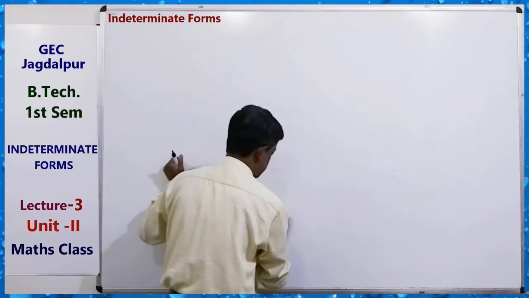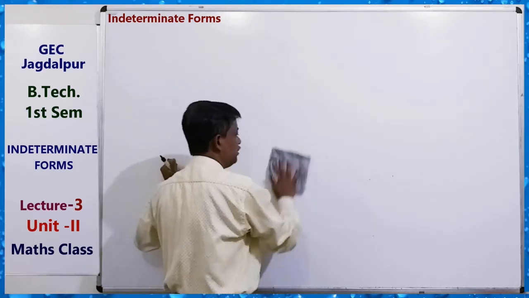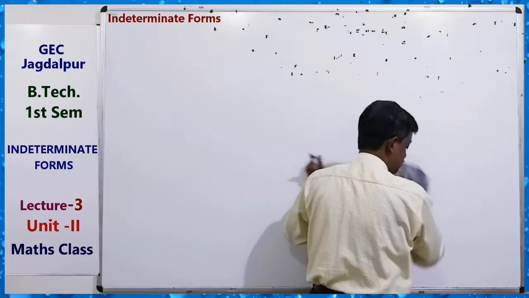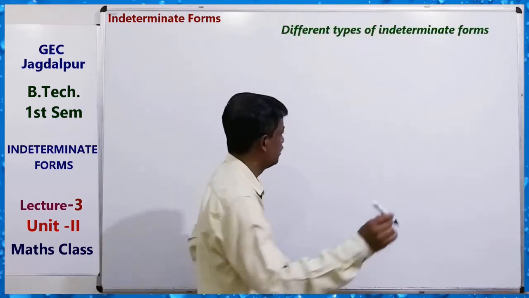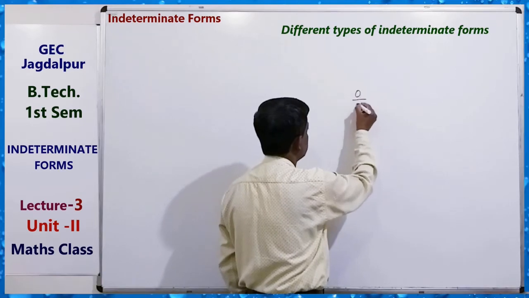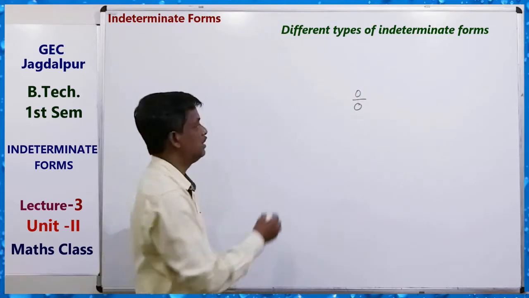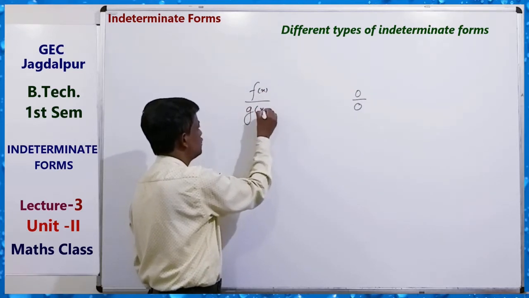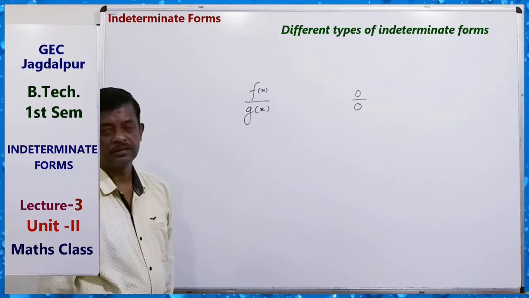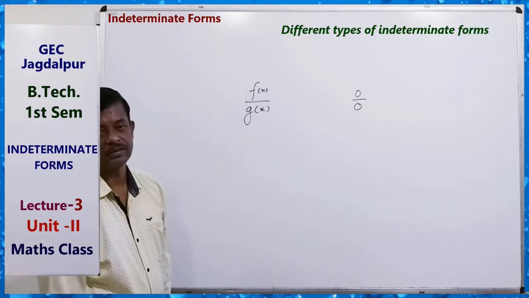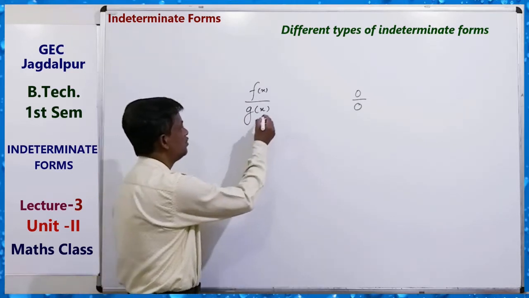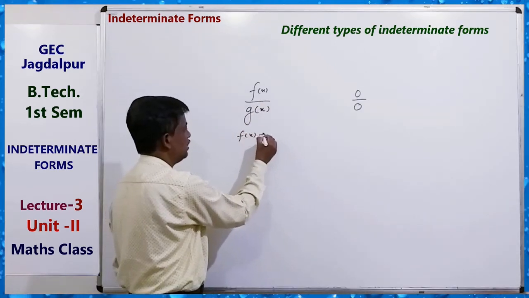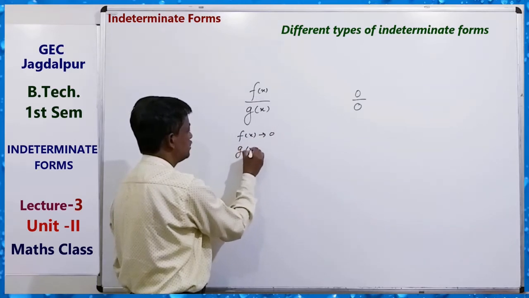That means if we are getting an indeterminate form, first of all, suppose we are getting this form, 0 by 0, that is f(x) by g(x), f(x) tending to 0 and g(x) tending to 0.